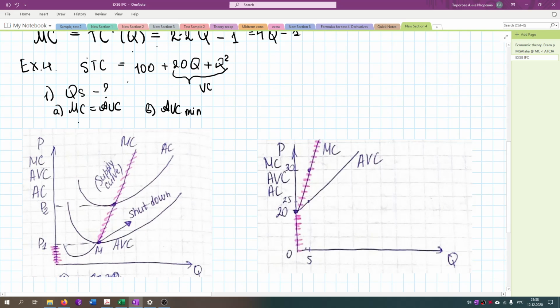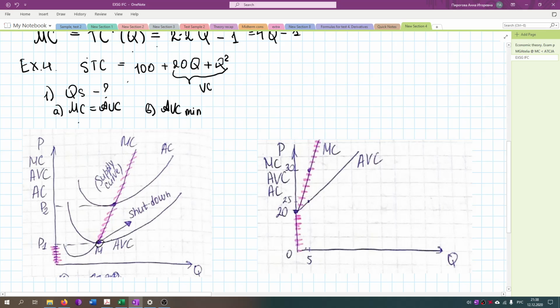So in general, on the graph of the costs in the case of the short run, we will see that our supply curve starts from 0, goes to this point, because here we have the minimum of our average variable cost, and then our supply curve continues along the line of marginal cost, and our point of shutdown is here.